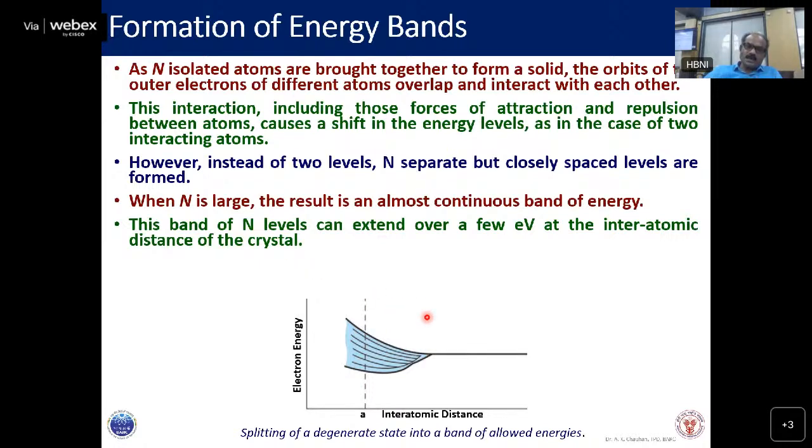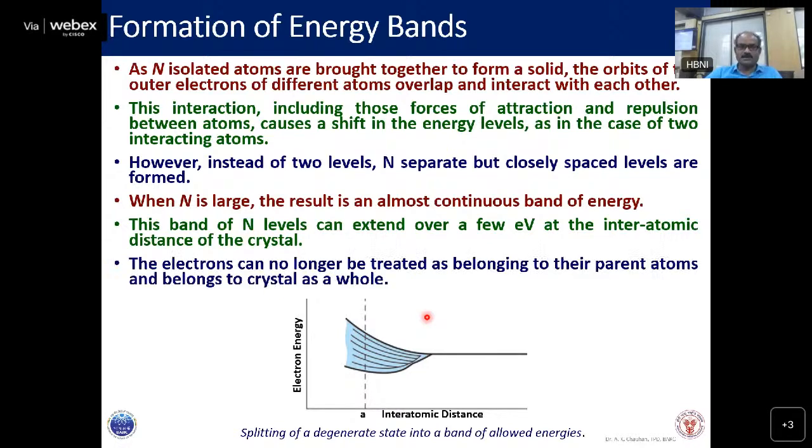So now this n is very large. How large is it? Suppose we visualize it in a material, say silicon. In 1 cubic centimeter, silicon has nearly 10 to the power 23 atoms. So you can just visualize how large it is.